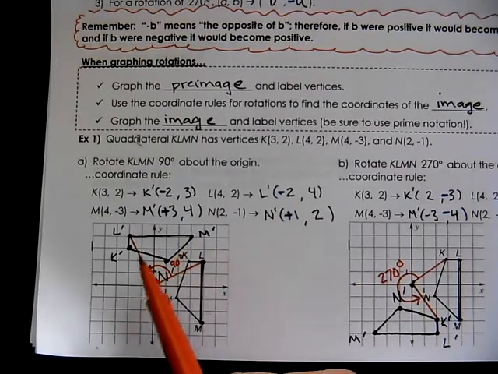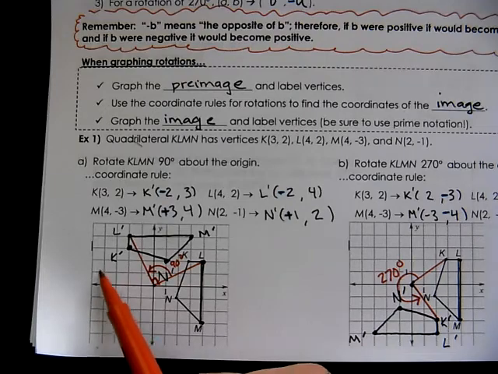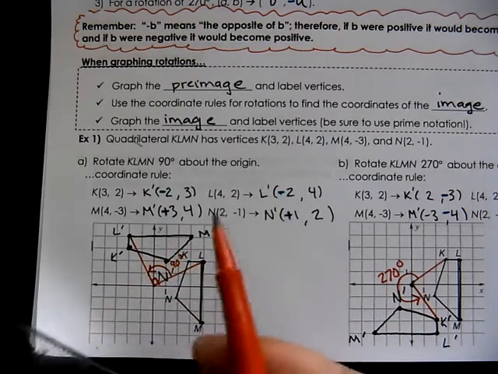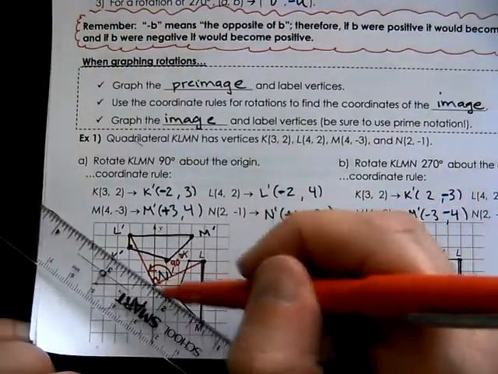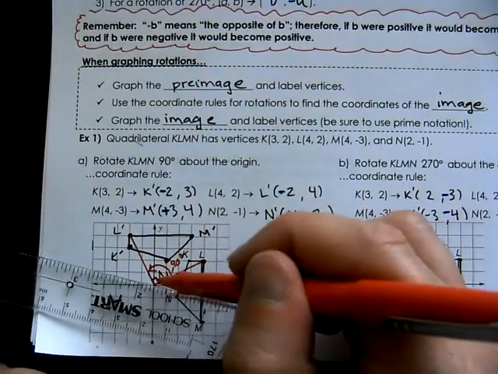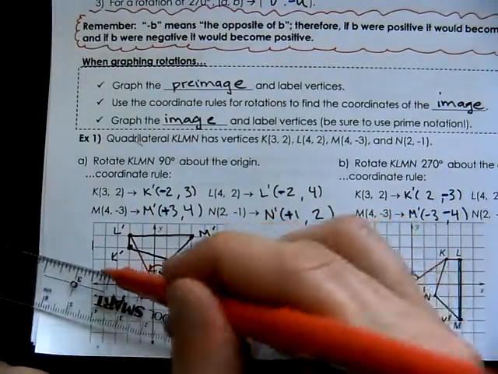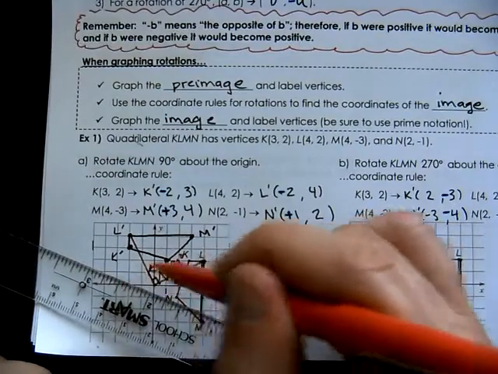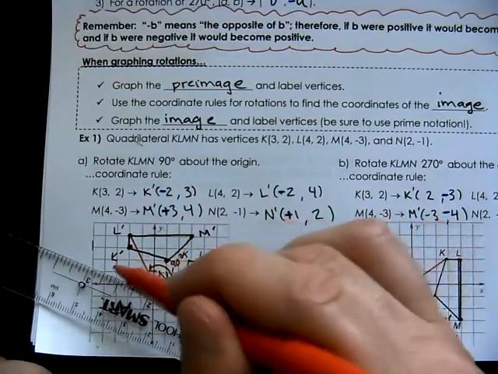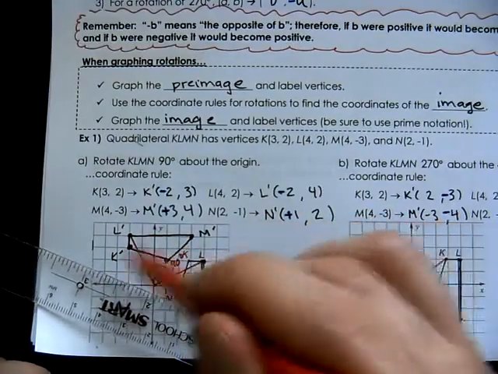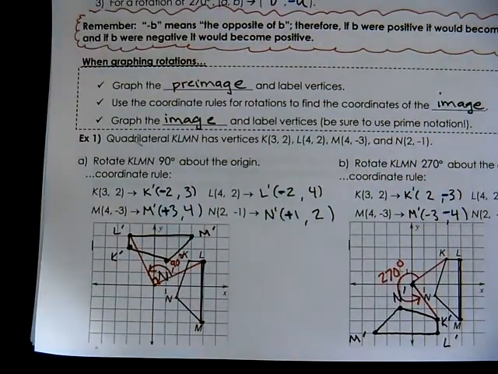Let's say M prime is somewhere way out here. Well, if you draw construction lines to the original point M and then to this imaginary M prime that's in the wrong spot, and you check to see if you have perpendicular lines, you'll see that that doesn't work. It's not in the right spot.